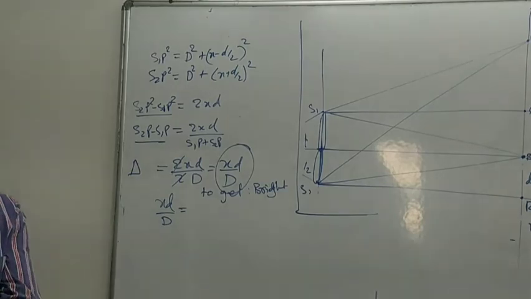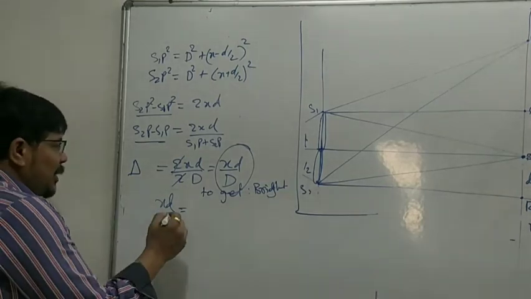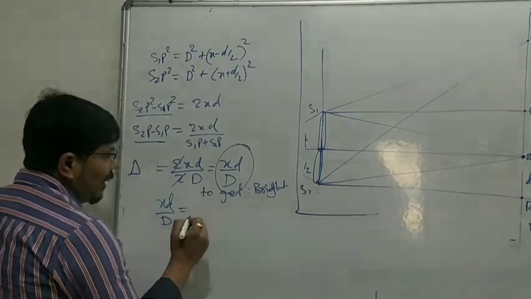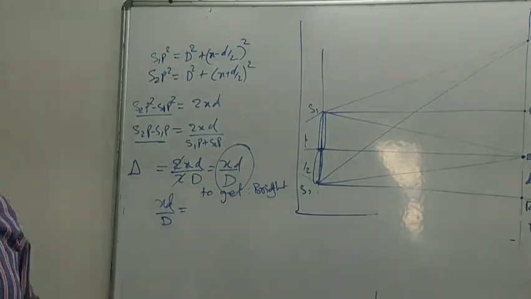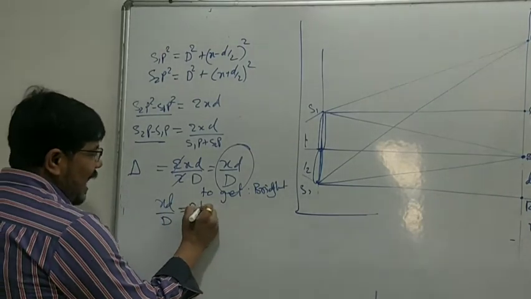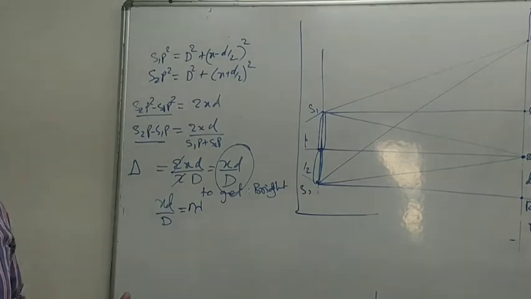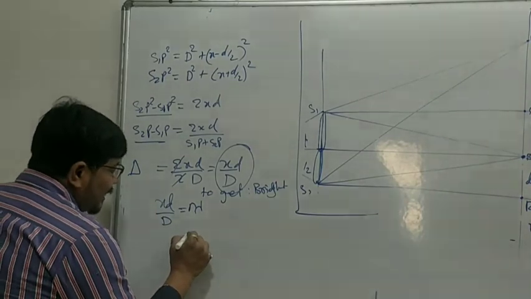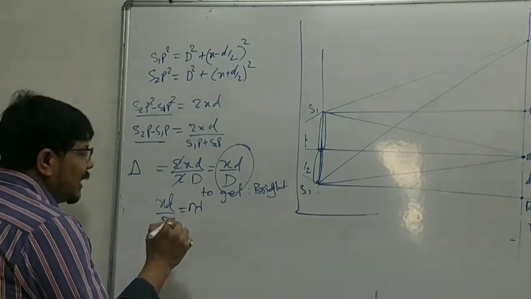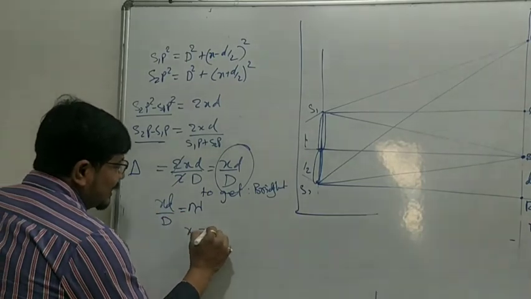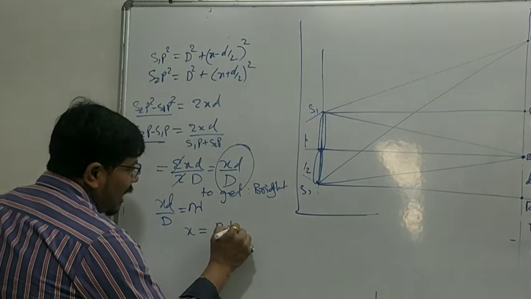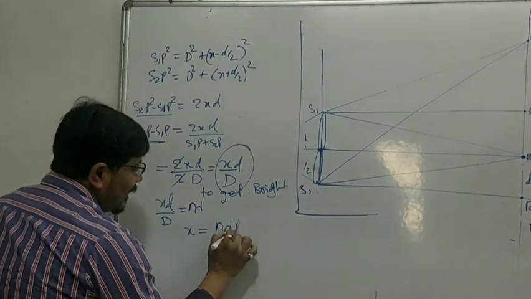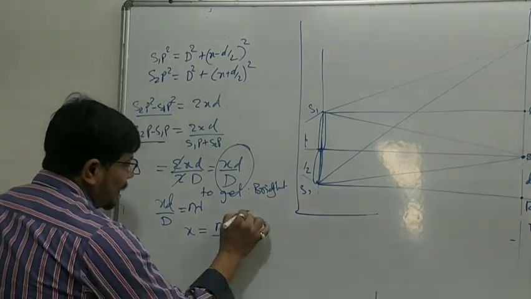There is a chance to get the bright fringe when xd by D equals an even multiple of lambda by 2, or you can put an integral multiple of lambda, that is n lambda, because 2 will be cancelled out. So you get the distance from the central fringe: x is equal to n lambda D, capital D upon small d.